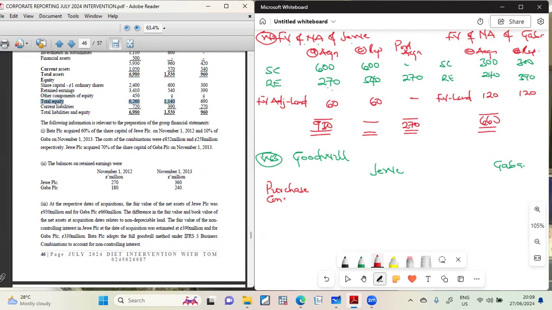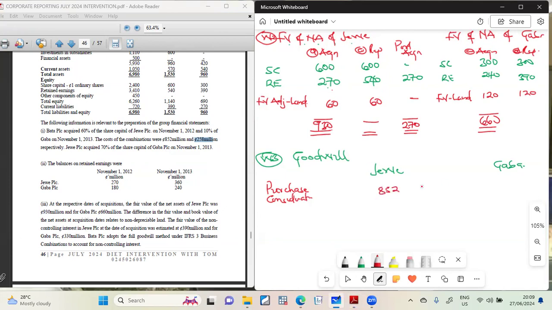So the purchase consideration now comes in here. How much did they buy Jewe for? We were told that Jewe was bought at a price; the costs were 852 and 258 respectively. So the purchase consideration for this one is 852.